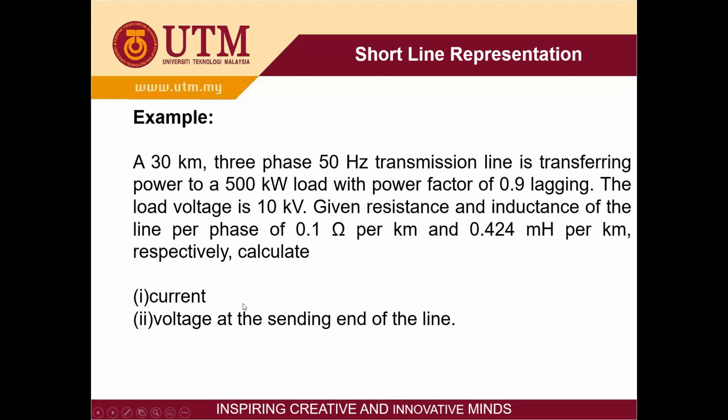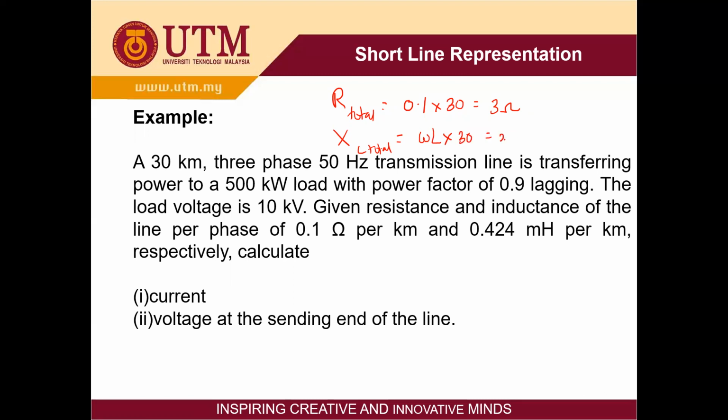So what you need to do first is to get the R total. The R total is 0.1 multiplied with 30 kilometers, so you should get around 3 ohms. Then you also need to get the X total, the total reactance, which is omega L multiplied with the length in kilometers.